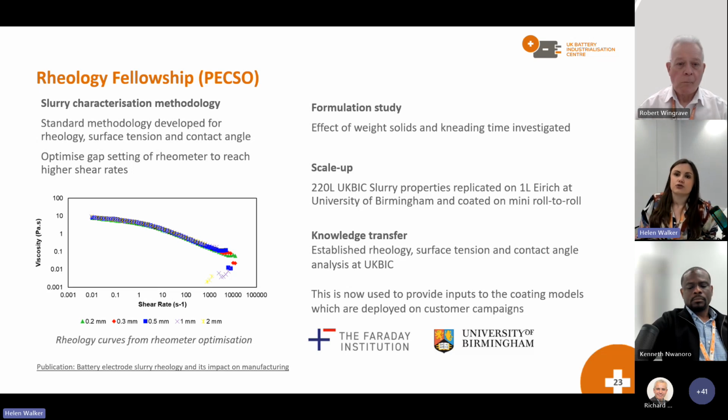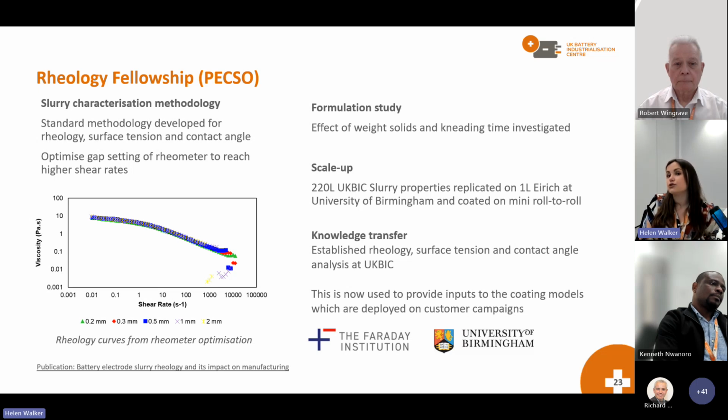So the postdoctoral researcher at Birmingham derived all of these best practices, and then we have adopted them at UKBIC, and we are now able to do all of that characterization in-house and really understand our slurries. And it provides a really nice input into some of the coating models. There was a publication that has come out of this work with Birmingham, and on the slide pack that will be released, there'll be a link to that.